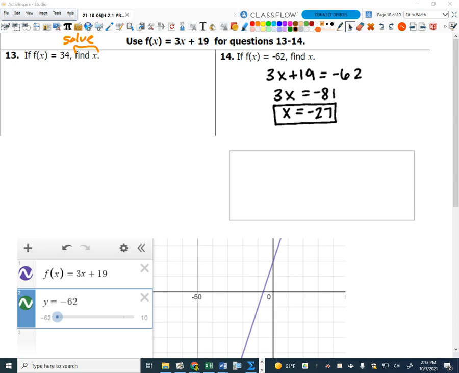Tell you what. I'm going to do a little bit more, but before I do that, I'm going to have everybody jump in and just do a couple problems on the assignment. I want to make sure everybody's okay with this material.